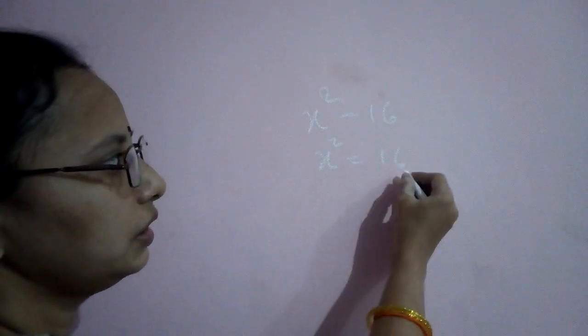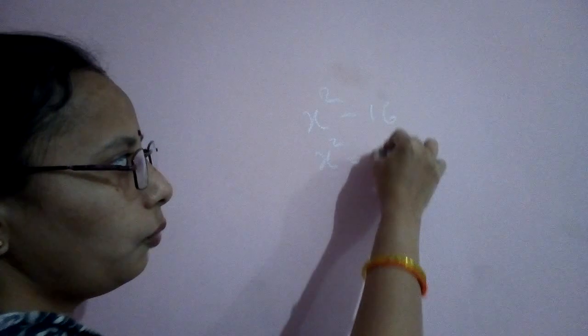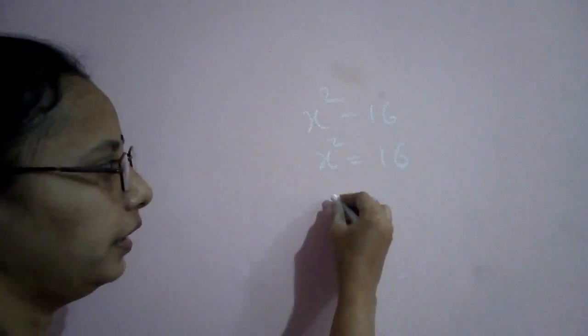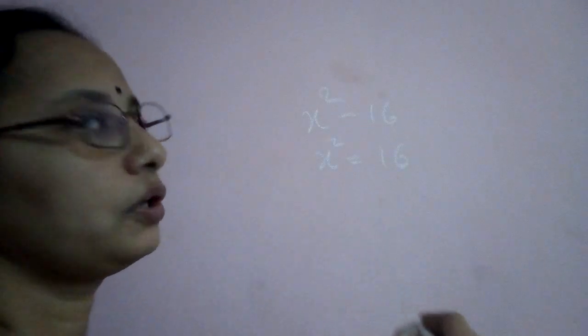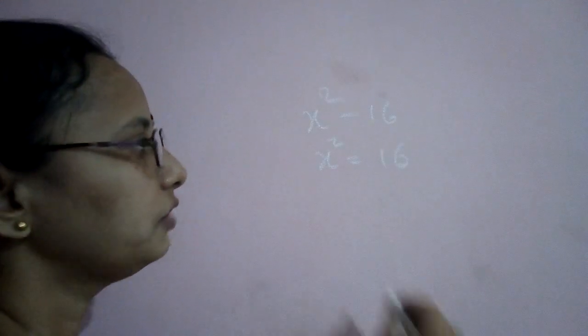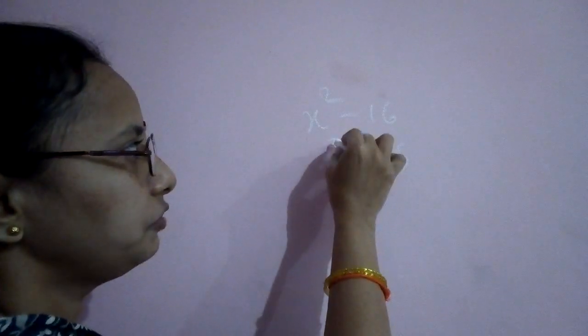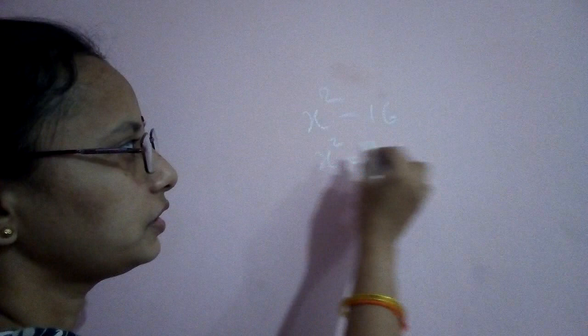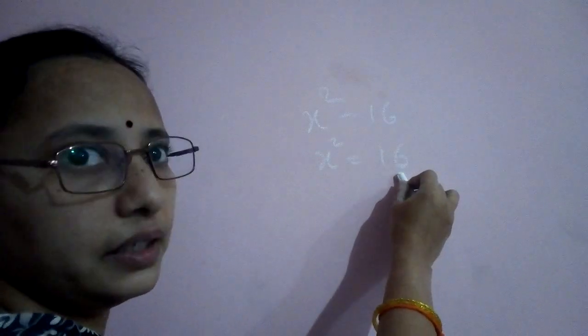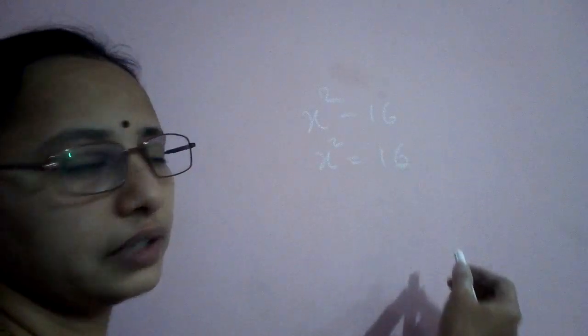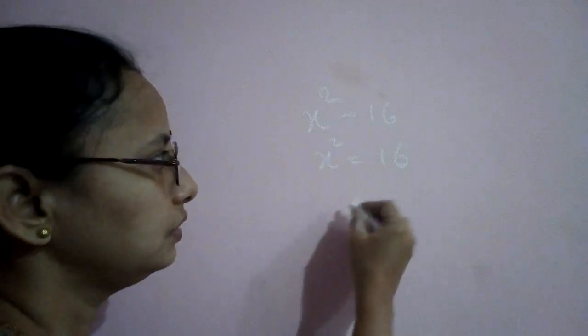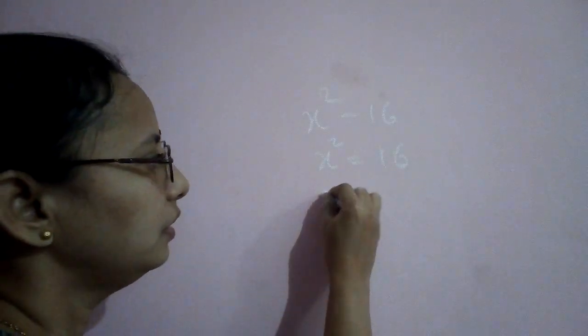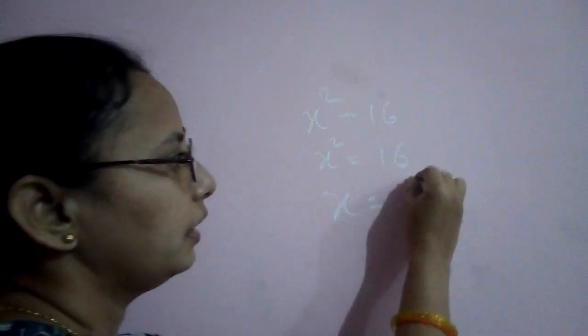So x square is equal to 16, and we want to find the value of x. To find the value of x, we have to shift the square of x to the right hand side. When we shift it to the right hand side, it becomes the square root of the number.